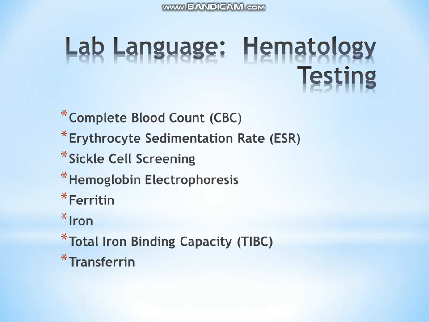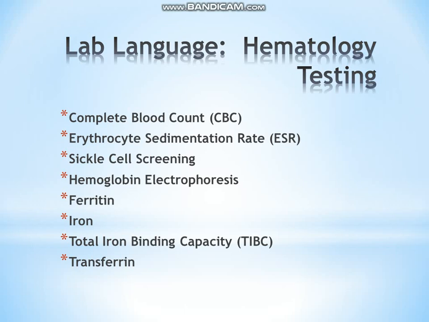Now if we go on to the hematological tests, there is a series of multiple blood tests which are helpful in diagnosing different blood disorders and are useful in differentiating different types of anemias.